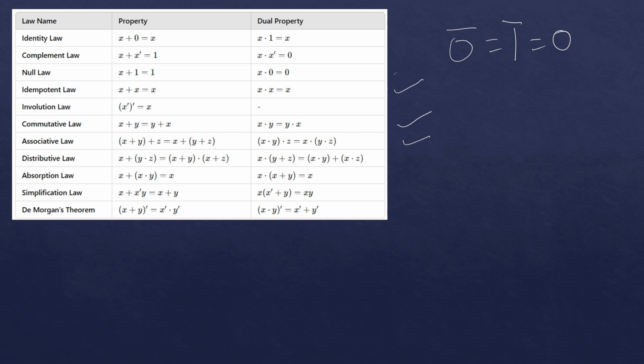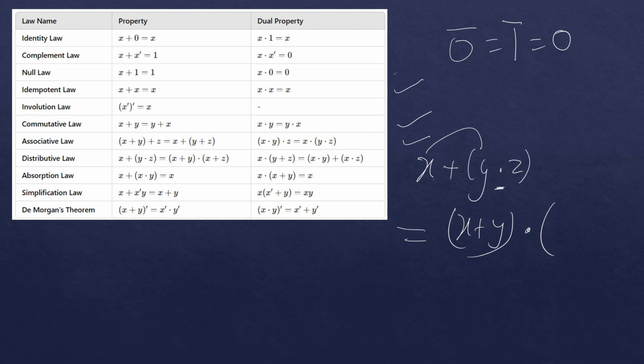Next is the distributive law. Here it says x plus y into z is equal to x plus y, then the sign into, and x plus z. This is the distributive law.